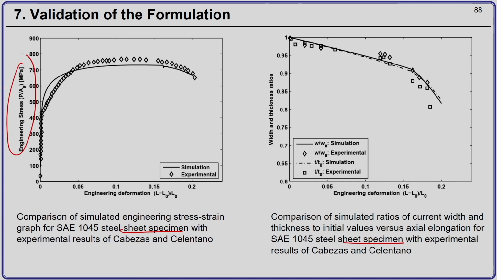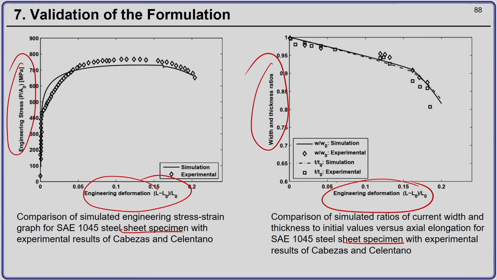We compare the engineering stress versus engineering deformation, and the width and thickness ratios with the engineering deformation, with those from the simulation and the experimental results of Cabegaz and Celentano. Again we are very well able to capture the trend.